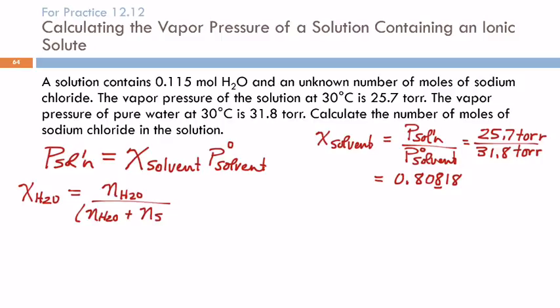The solute. Well, they gave us the moles of water, and we just calculated the mole fraction, so we should be able to calculate the moles of solute, right? This ends up being a little bit of an icky math problem. So there's a little bit of algebra here, and I'm going to skip some of it. I hope that doesn't bother anybody.